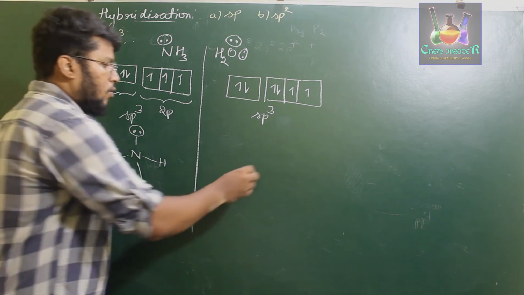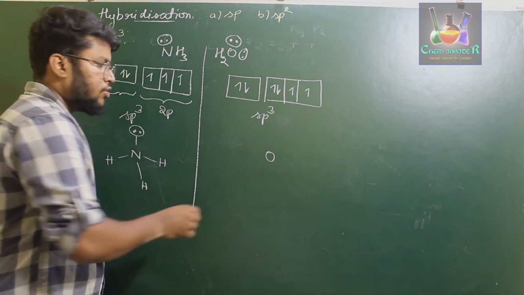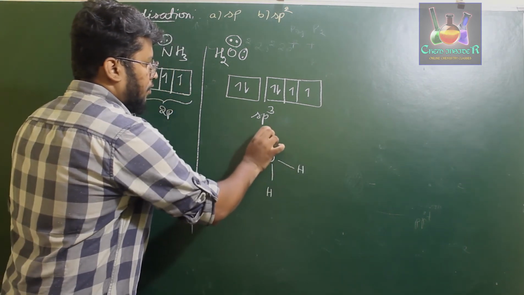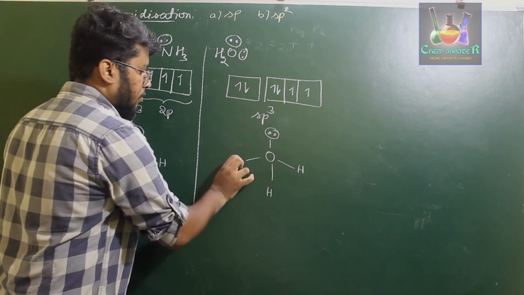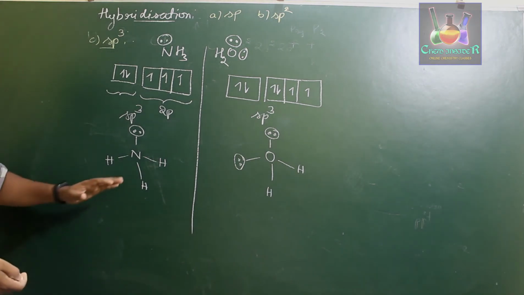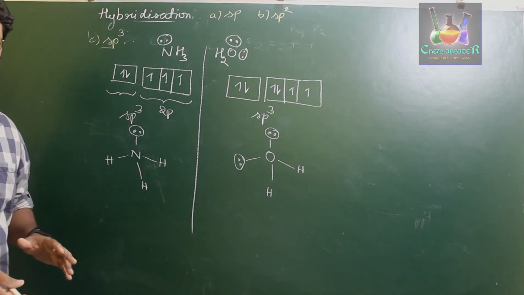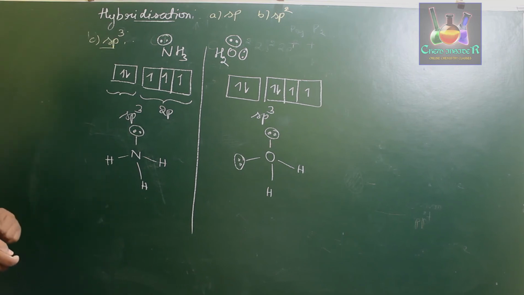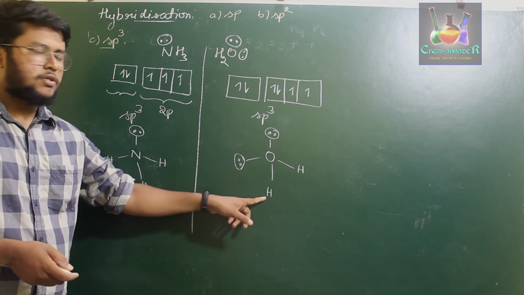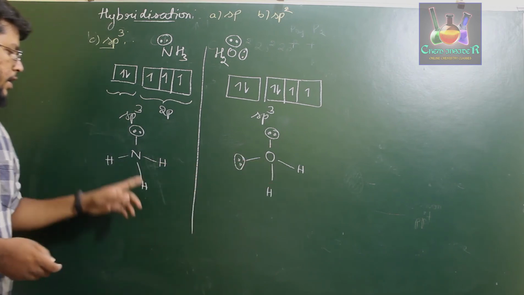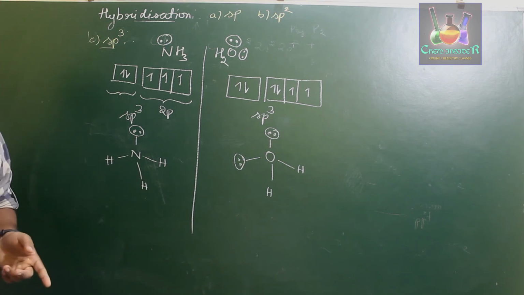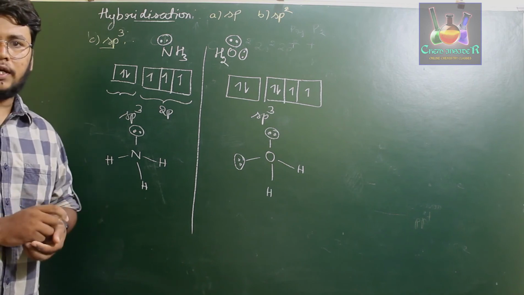So therefore, oxygen in the water molecule should also form tetrahedral geometry, right? But 2 of the tetrahedral positions will be occupied by lone pairs of electrons. Now, it is clear it will form a tetrahedral geometry, but what we come across is that the bond angles of oxygen-hydrogen, and of nitrogen-hydrogen, are quite different from the actual tetrahedral bond angle.